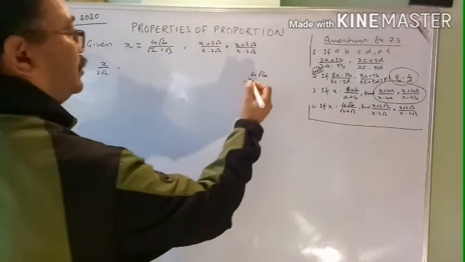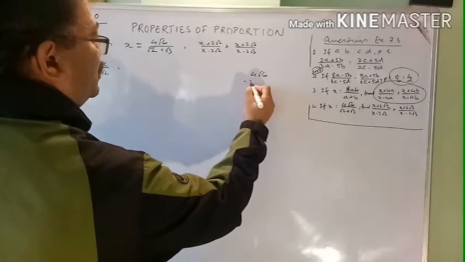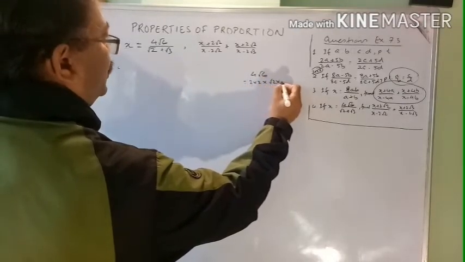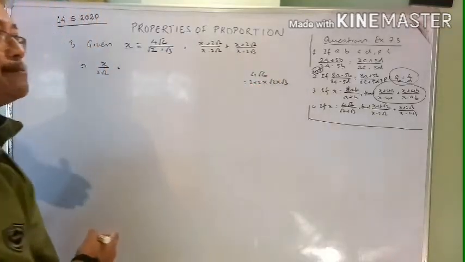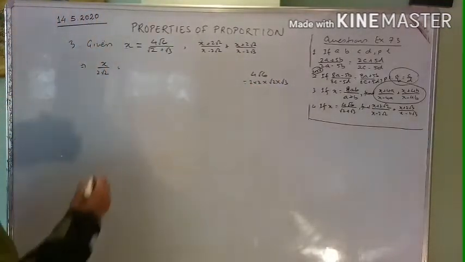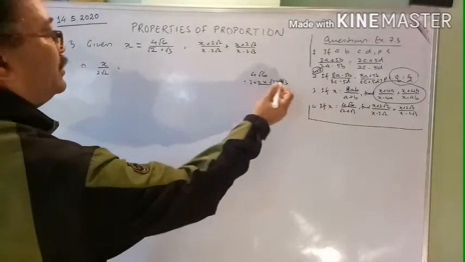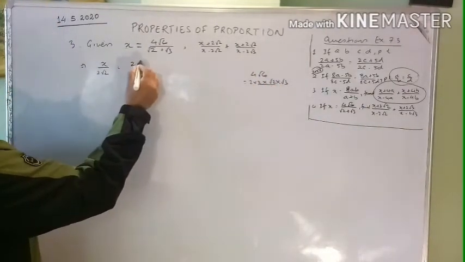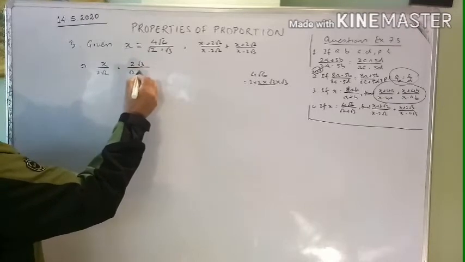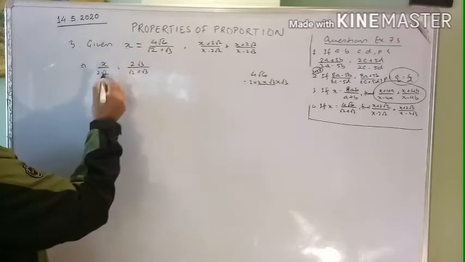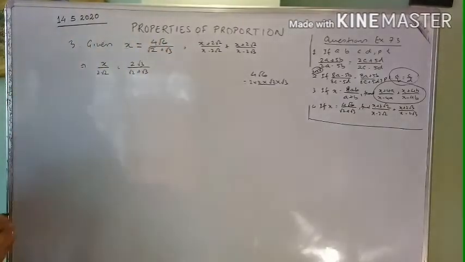Okay, so you can write 4 as 2 into 2 and root 6 as root 2 into root 3. So when you bring 2 root 2 down, what is left? 2 root 3 over root 2 plus root 3. So when you multiply, 2 twos are 4, root 2 into root 3, root 6.